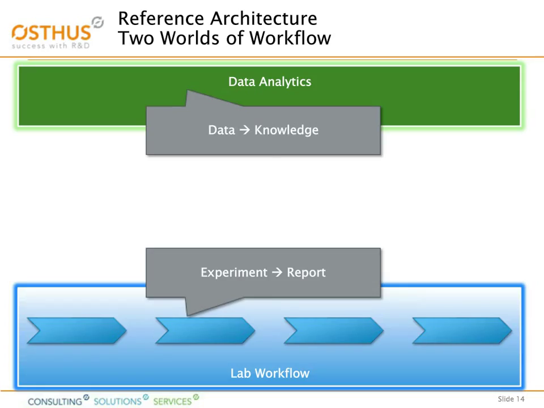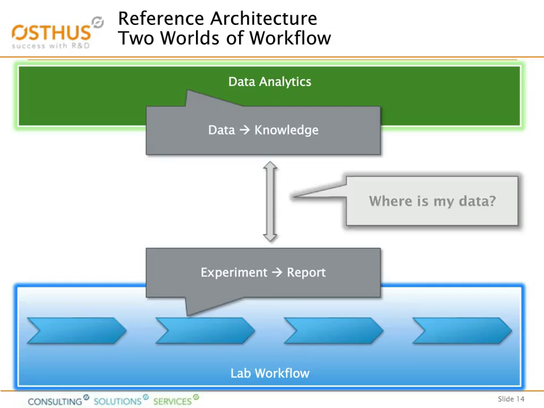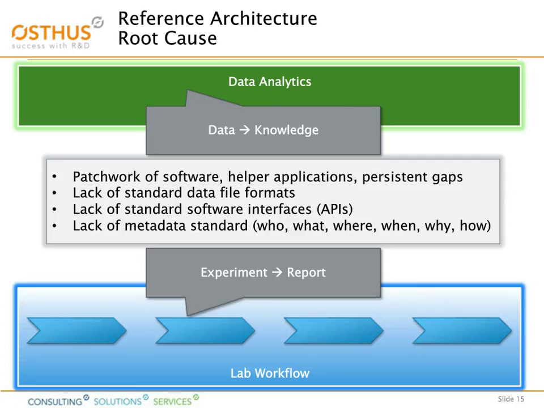How do they connect? To know that, you need to know where your data is. To make correct decisions, you need to know that the data is there, that it's of high quality, otherwise you cannot make your correct decision. So it's not always easy to combine these workflows and to find the data for your decision.